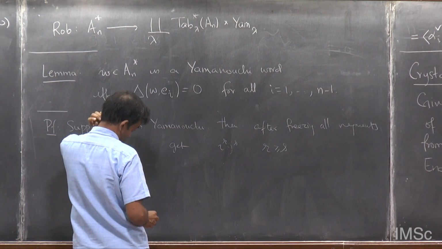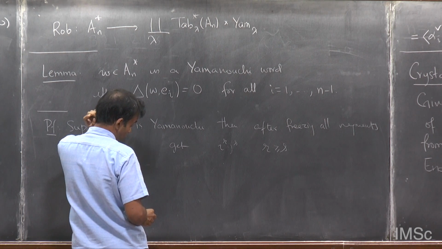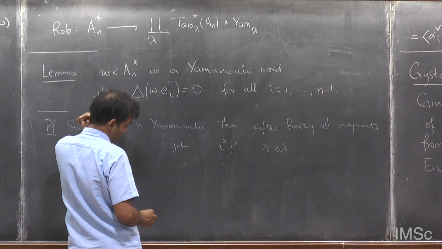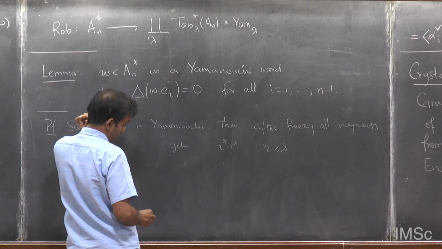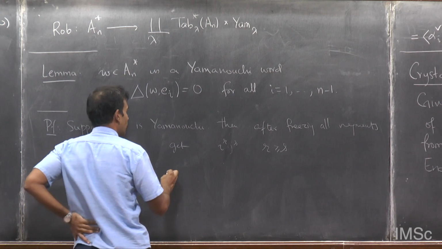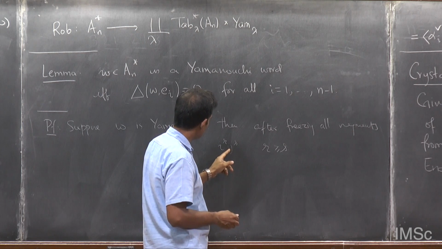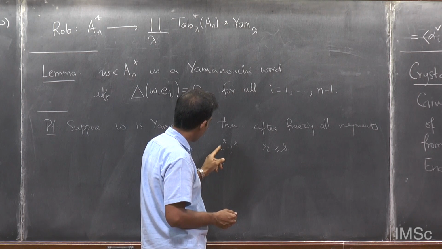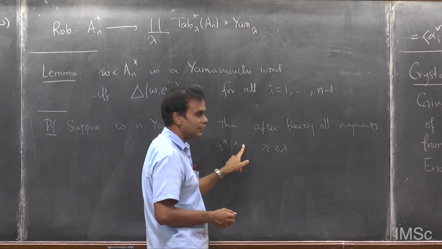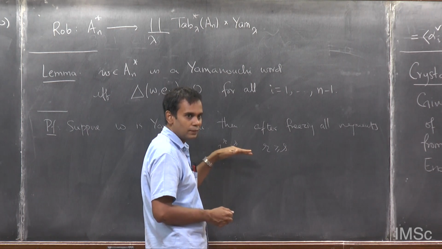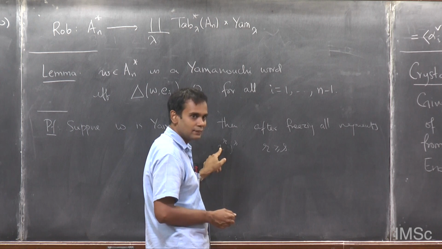So if there is a j, then it cannot be Yamanouchi, and so I would have i to the r, j to the s, and I couldn't have a j on this side and an i on this side in the frozen part, because that would then cancel this.